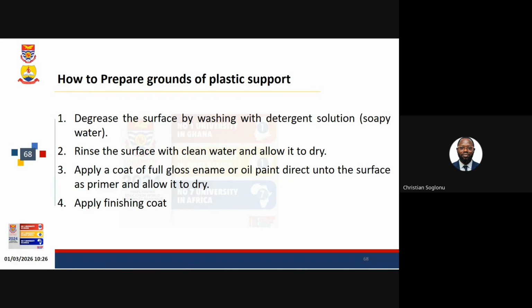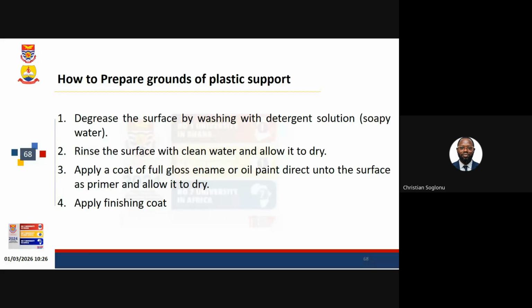So after rinsing, you now prime your first coat. You prime the surface with either oil paint or enamel paint and allow it to dry. Then you do your finishing coating.